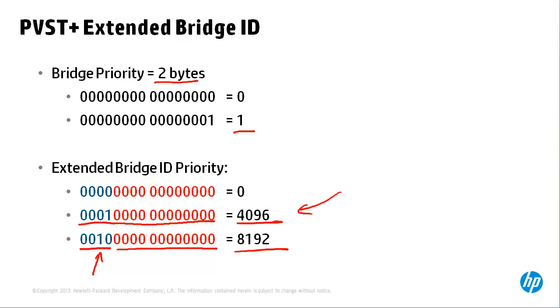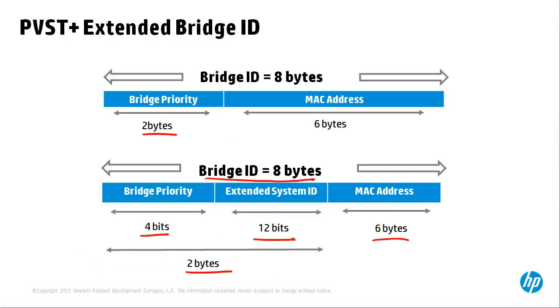On HP switches running the Provision operating system, when you configure a bridge priority of 1, it automatically converts it to 4096. Or if you set the bridge priority to 2, it converts it to 8192. So on HP switches and Cisco switches today, the bridge priority needs to be set in multiples of 4096.